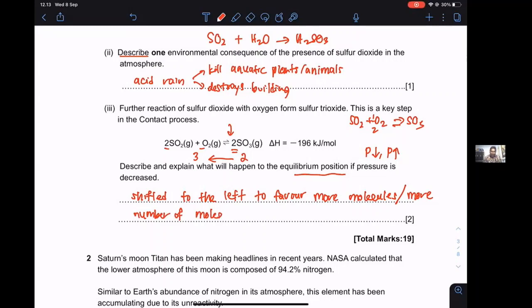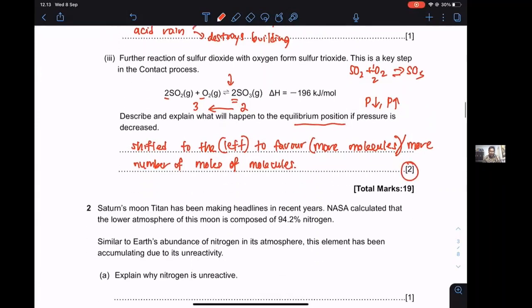Up to you. As long as you mention shifted to the left and to favor more molecules or more moles, then you will get the full mark. Next.